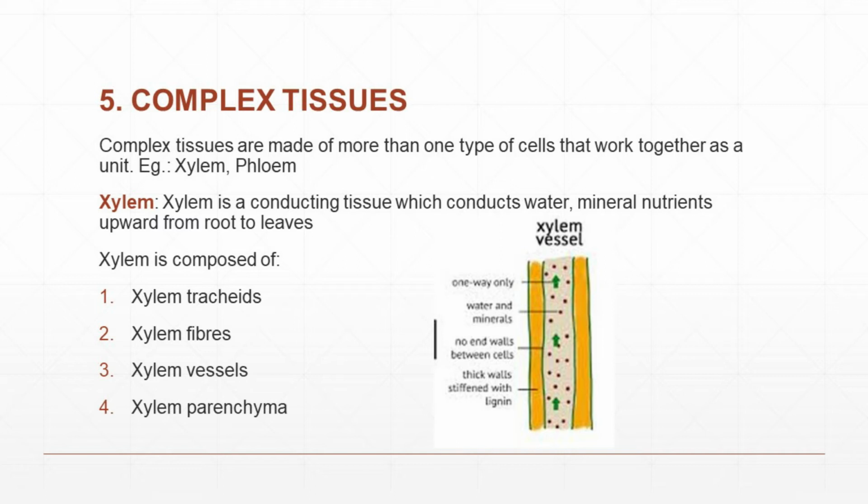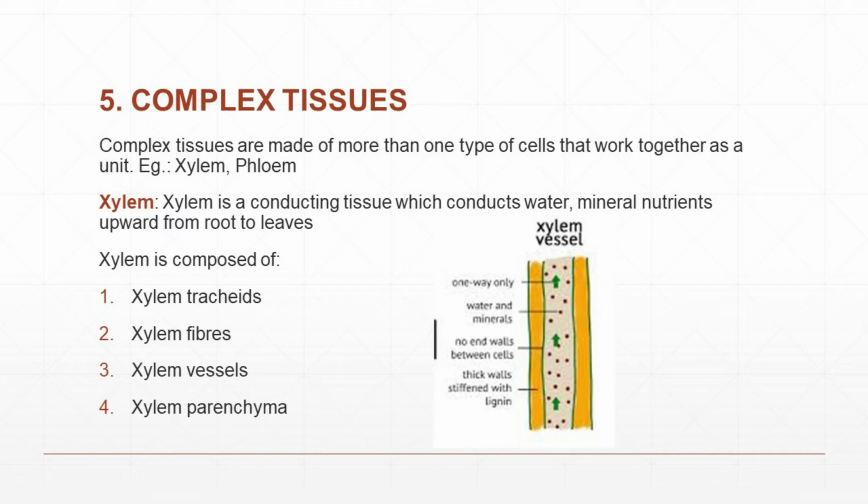Xylem gives mechanical support to the plant body. Xylem is composed of xylem tracheids, xylem fibers, xylem vessels and xylem parenchyma. Let us learn about them one by one.